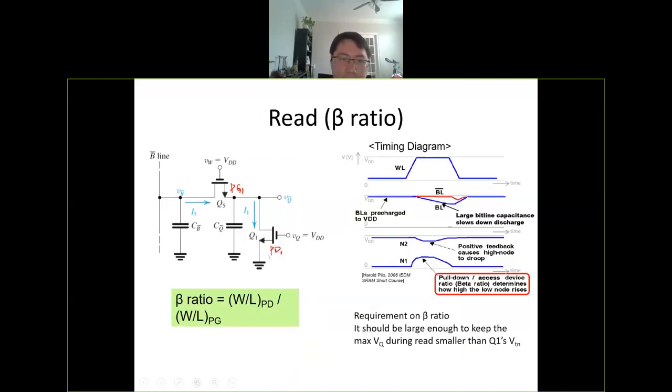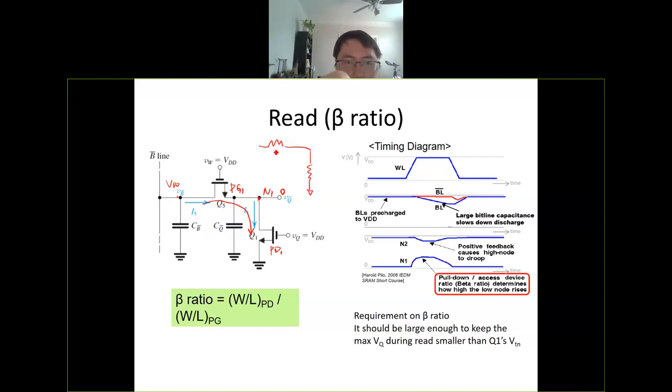So this PG1 and PD1, and then here this is the N1 node. And initially you store 0 here. But you have the VDD here, and then you have the current flow this way. So if we approximate the transistor as a resistor, you can think of PG1 and PD1 as two resistors forming a voltage divider.